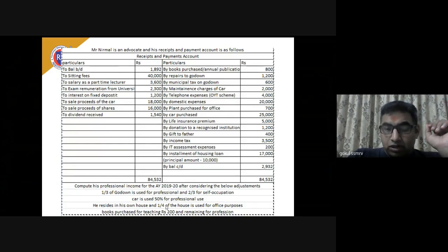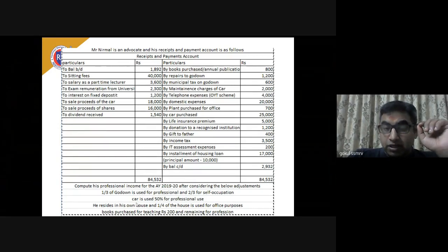Books purchased for teaching 200 and remaining for profession. I told you that whatever he is earning out of teaching doesn't form part of his professional expense. So out of 800, please reduce 200 rupees for the books that he has purchased for teaching, and the rest 600 you can consider. Okay.